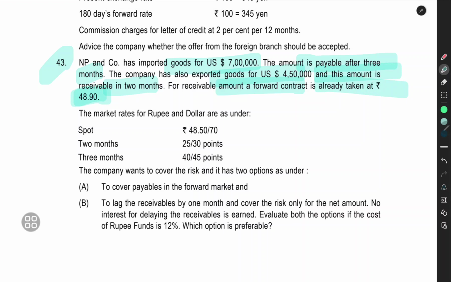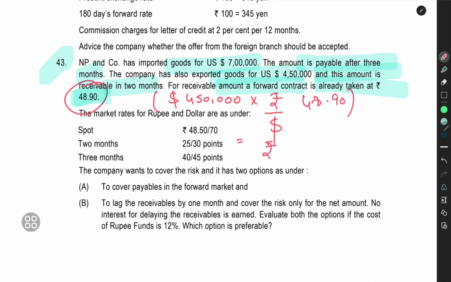Okay, so no matter what the actual rate is after 2 months, my rupee equivalent of $450,000 is fixed at what price? 48.90, because I've successfully hedged my dollar receipt. So what will be my receipt, just in case I want to write it down? $450,000 into rupee by dollar 48.90.